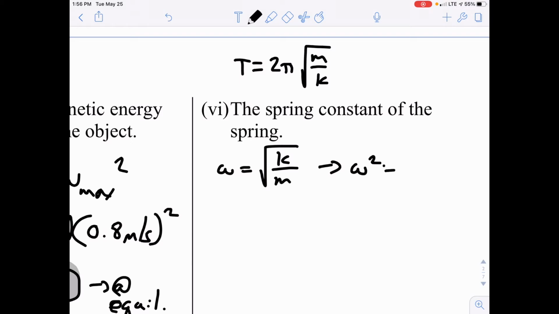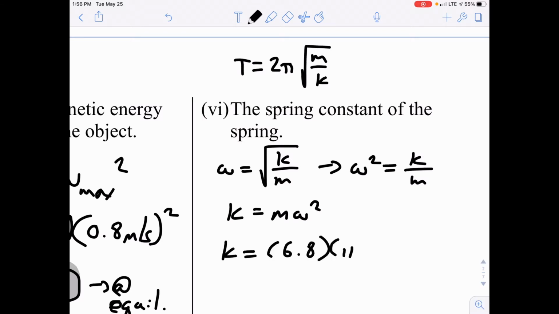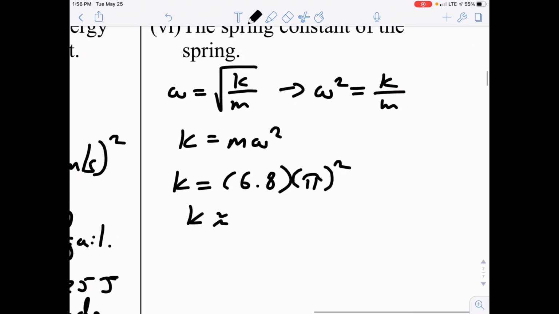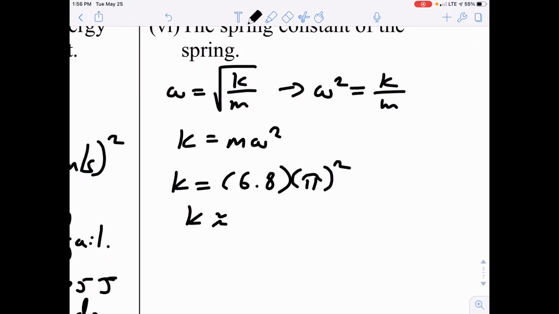Square both sides and solve for k. Multiply both sides by m. So we have m omega squared, 6.8 times pi squared, and k is approximately 67 newtons per meter.